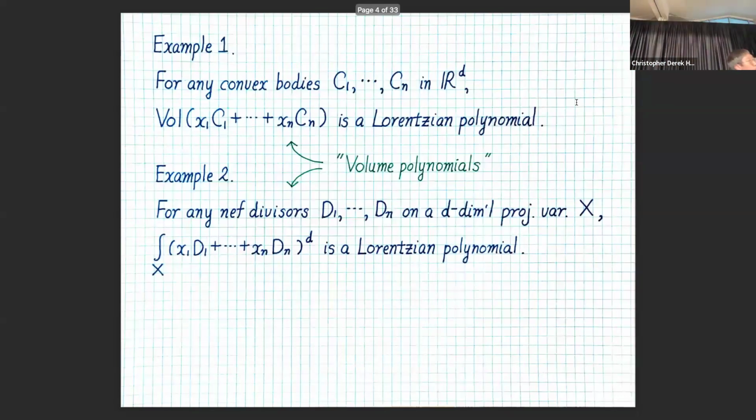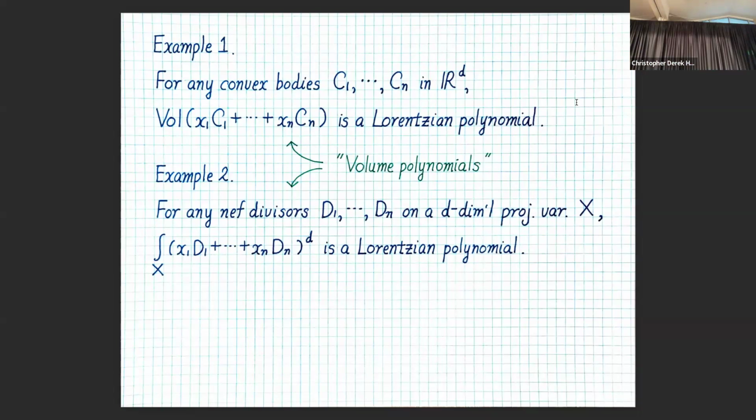There are two main examples. Maybe these are the only two examples of Lorentzian polynomials that you may care about, and they correspond to realization problems in convex geometry and algebraic geometry, as you will see in the next lecture. So the first example is a Lorentzian polynomial constructed from a sequence of convex bodies, C_1 through C_n in R^d.